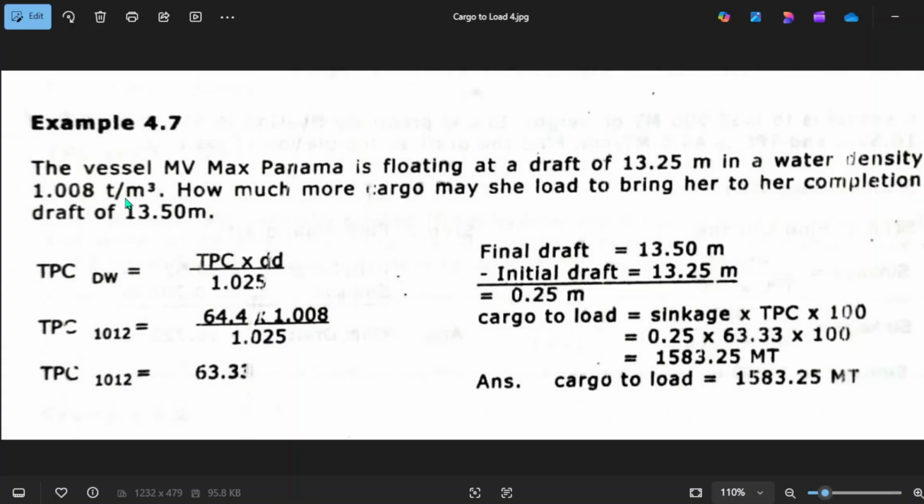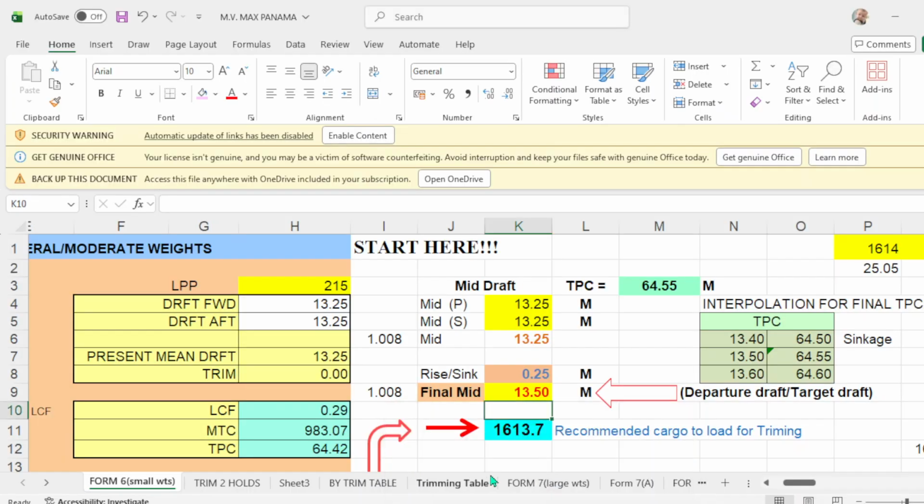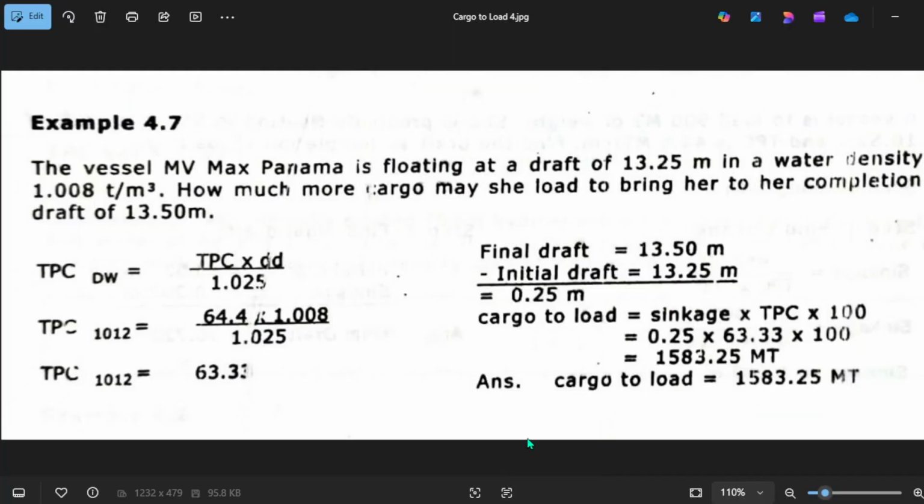That is your tons per cubic meter, your local density. So I put here the local density 1.008 with your mid of 13.25, and after completion your density will also be 1.008.